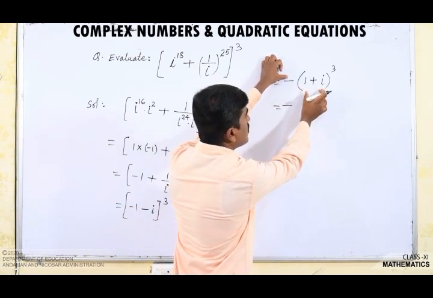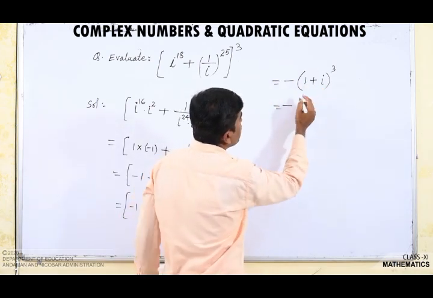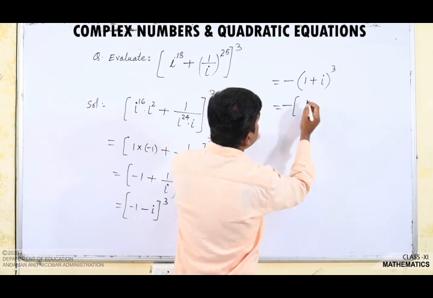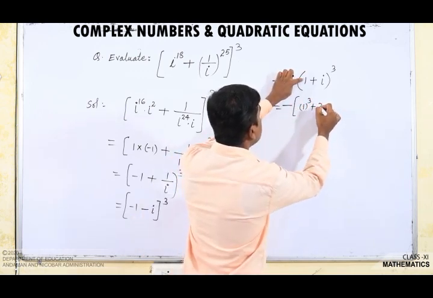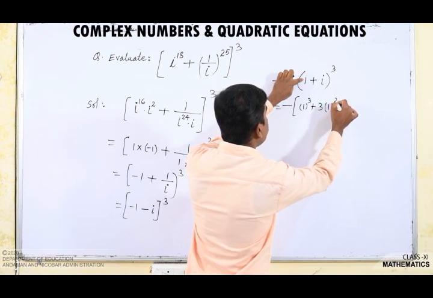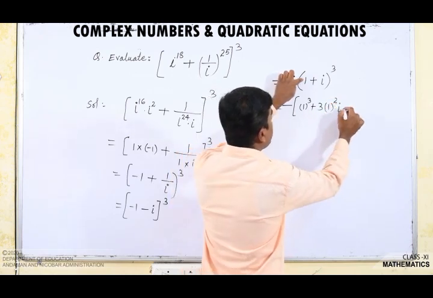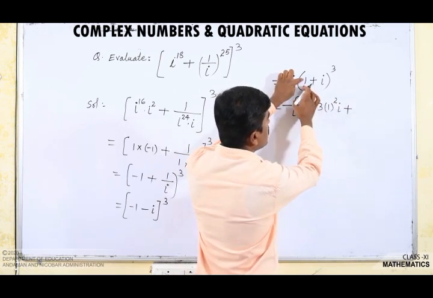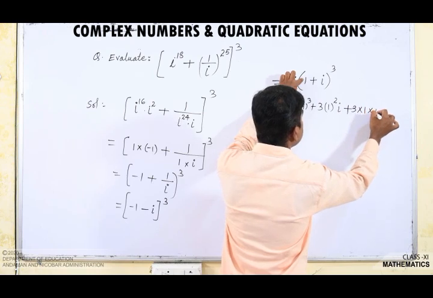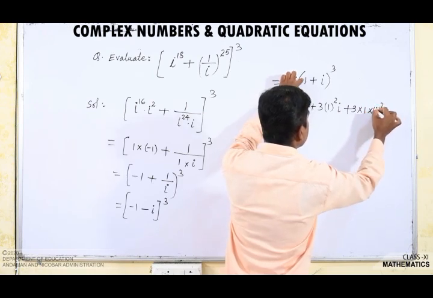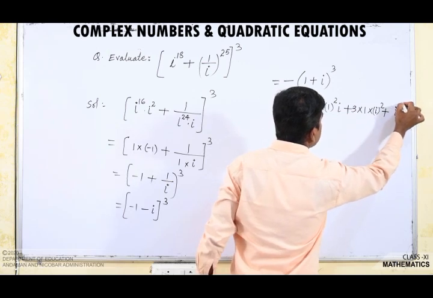Now expand it using a plus b whole cube. So we will get a cube, that is 1 cube, plus 3a square b, that is 3 into 1 square i, plus 3ab square. So it is 3a means 1, b square is i square, plus b cube, that is i cube.